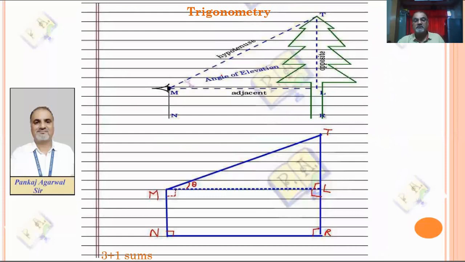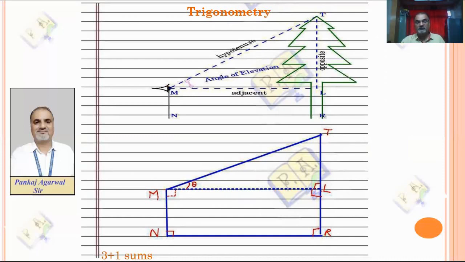Now imagine that you are standing and observing a tree, say TR, and MN is you, the man standing, observing the tree TR. The point of observation is M, your eyesight, and you're observing the top of the tree T. Then TL is the horizontal line of vision.